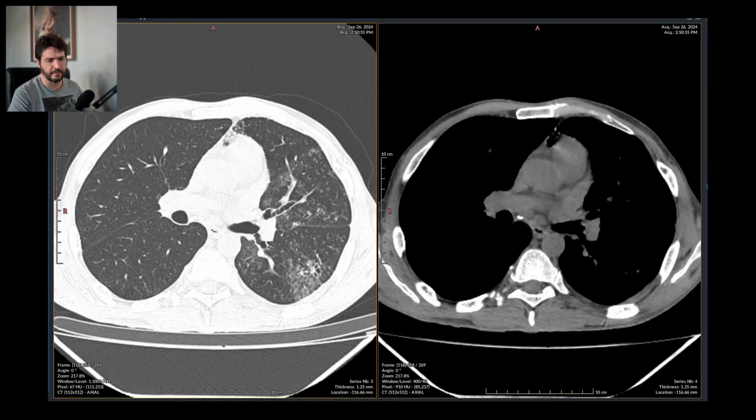And what else do we do? We do a test if the person is coughing and producing bloody mucus, or at least some kind of mucus.